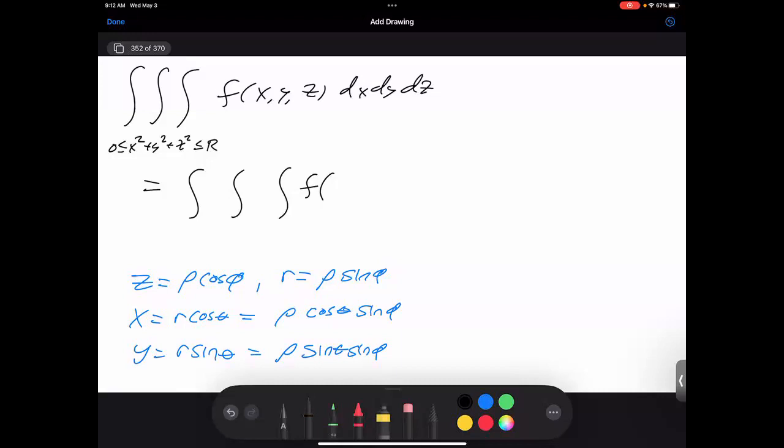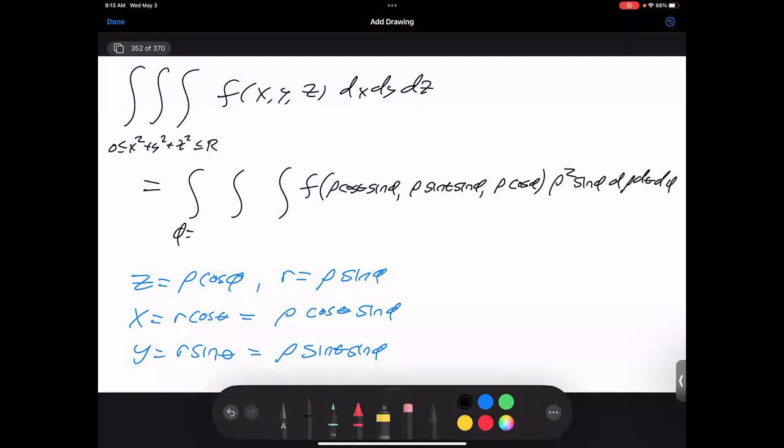And so now I just substitute this in for my function. It's going to be f of x, which is rho cosine theta sine phi, y, rho sine theta sine phi, z, rho cosine phi. Then it's going to be rho squared sine of phi d rho d theta d phi, if I do it in that order.